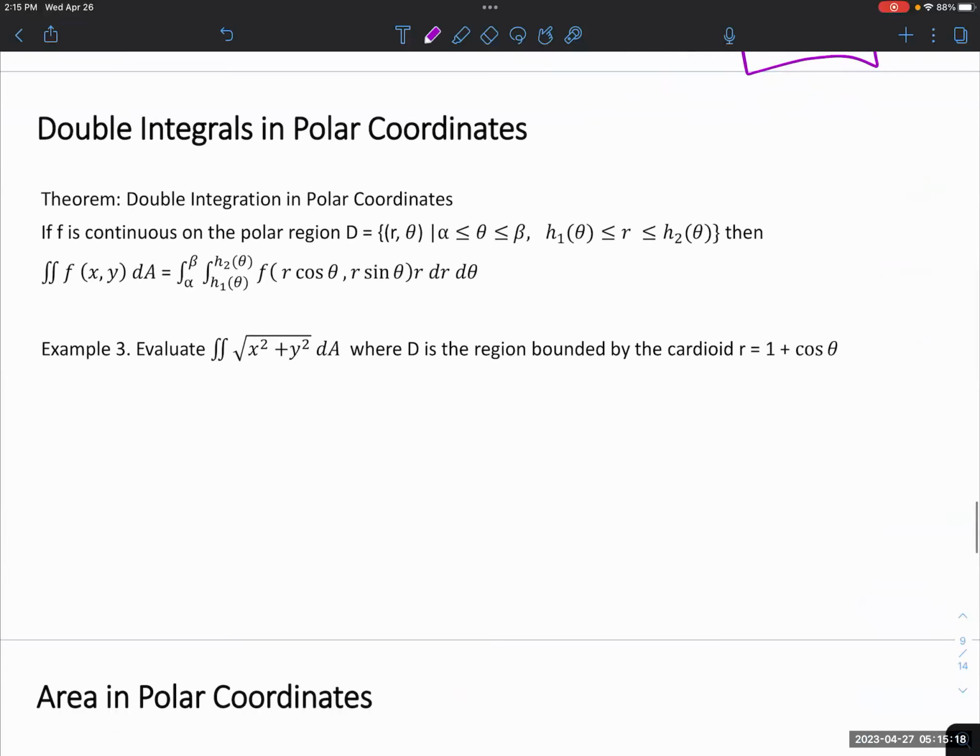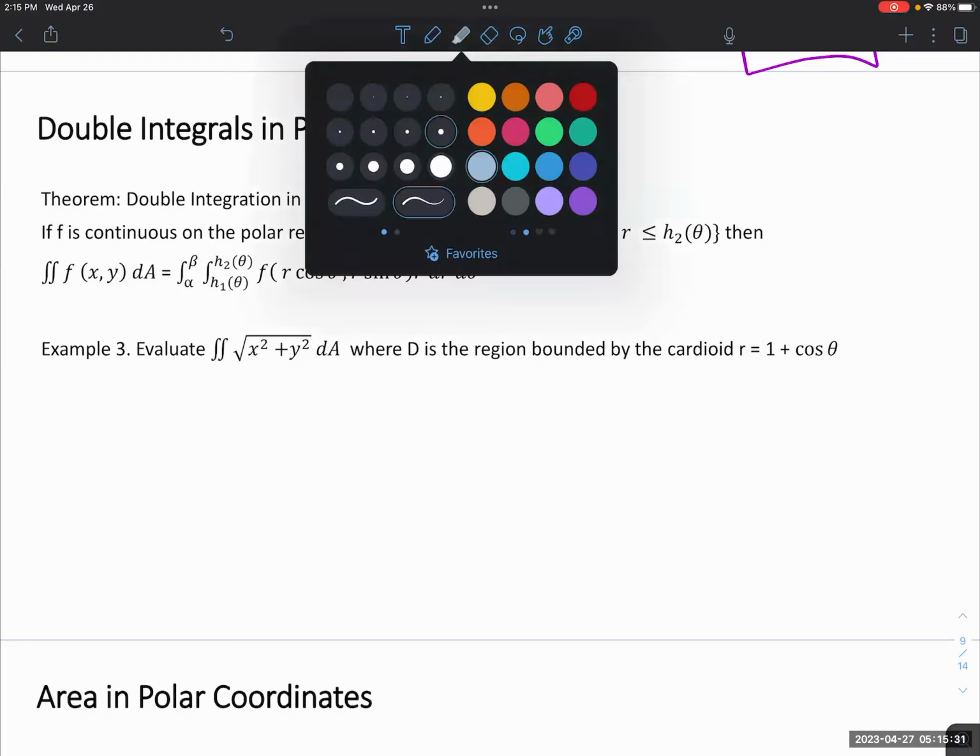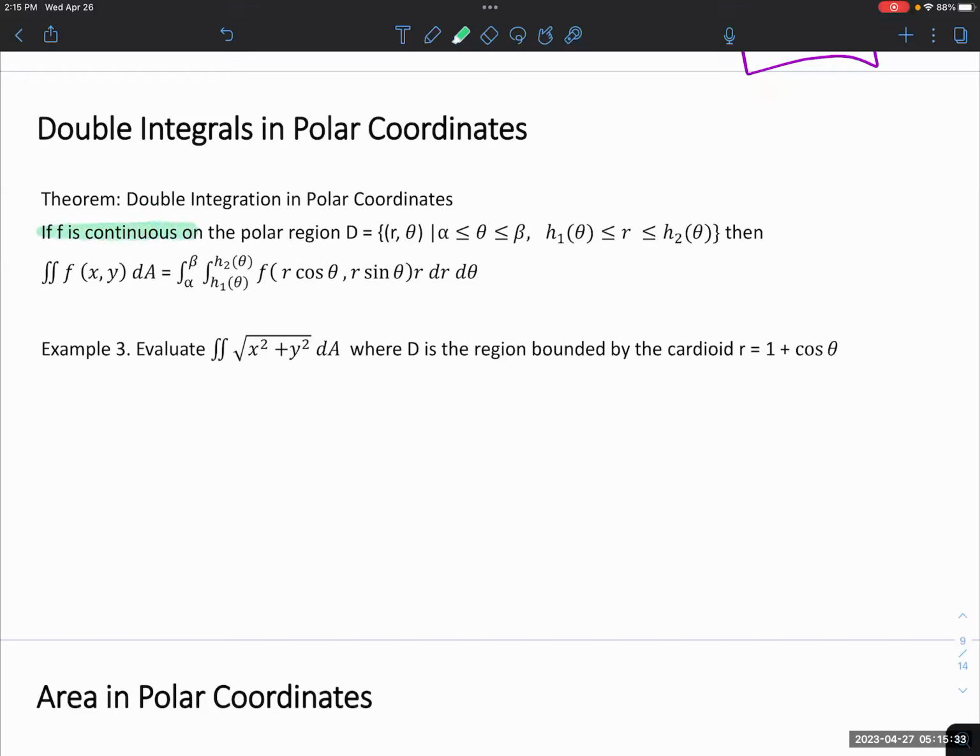Okay, here we go. So sometimes you might be seeing more complicated functions in terms of the polar coordinate system. So what I'm saying is, this is for sure: if f is continuous on the polar region, we have r comma theta. So you have a theta interval, and you must have an r interval, right?